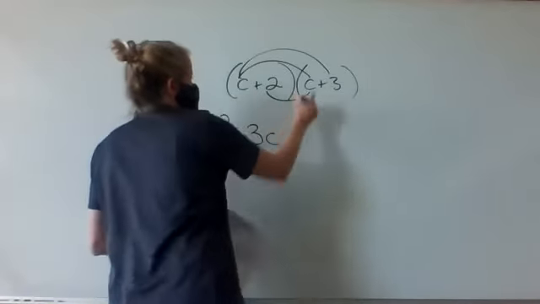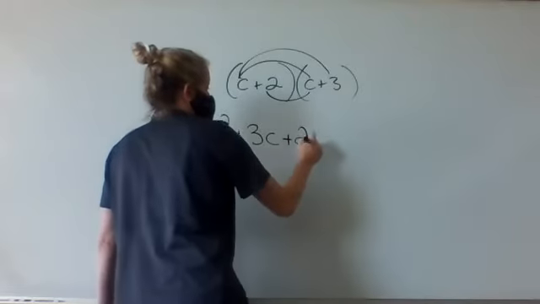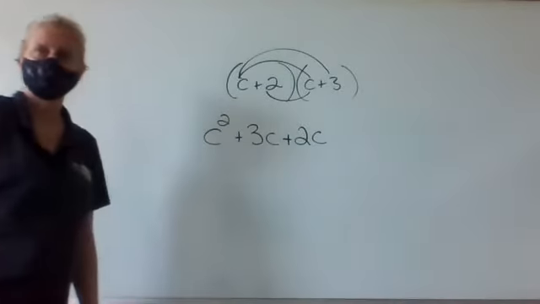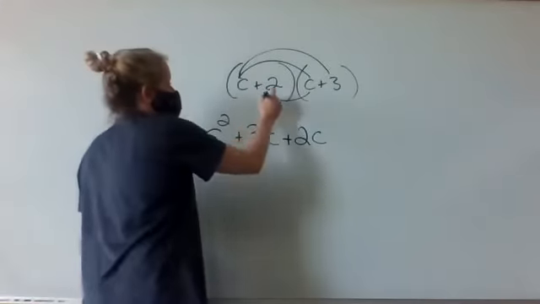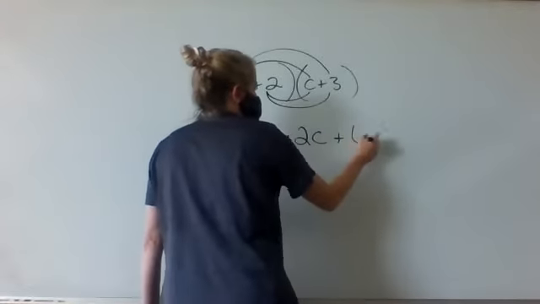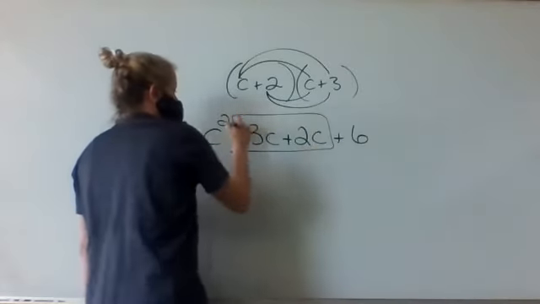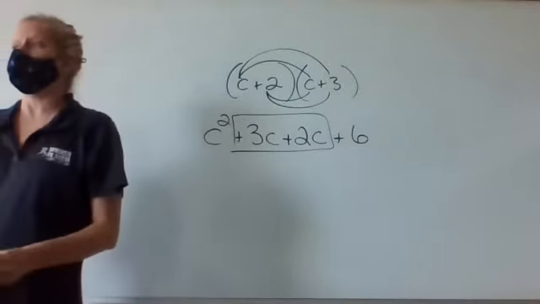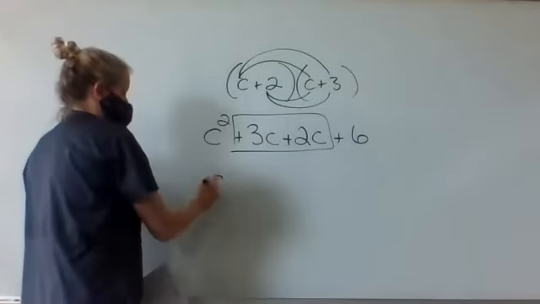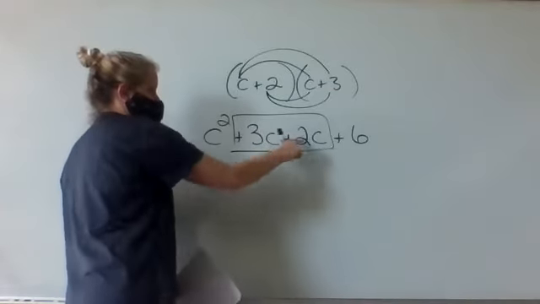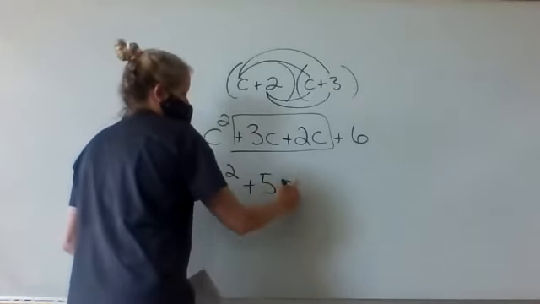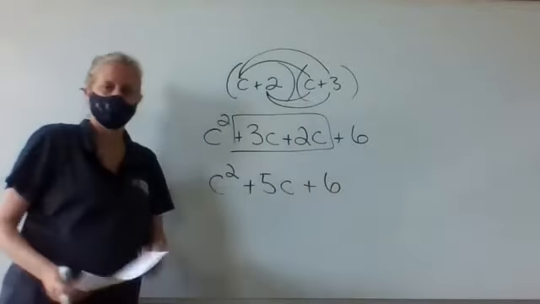My inner, 2 times c gives me positive 2c. And my last, 2 times 3 gives me positive 6. And then put your c's in the middle together. So I've got c squared. I've got 3 here and 2 here. I actually have 5 c's. Bring down my plus 6.